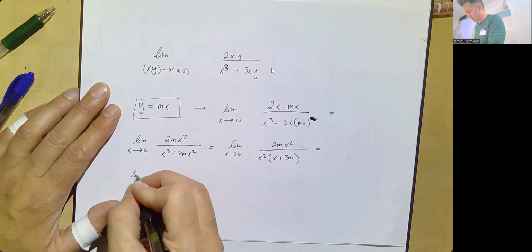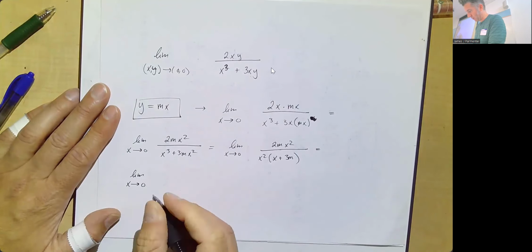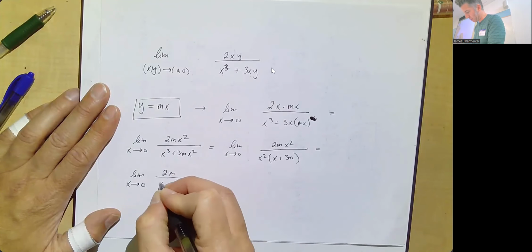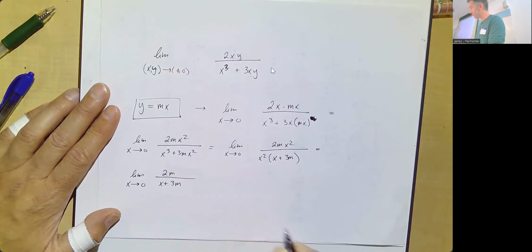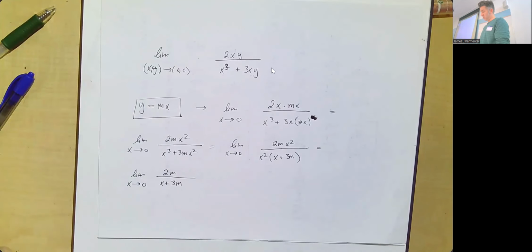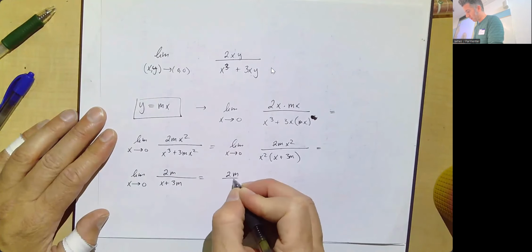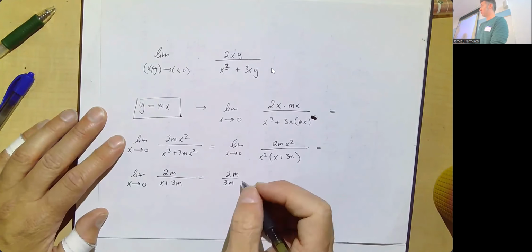So I get the limit as x goes to 0 of 2m over x plus 3m. Now what do I do? If I sub in 0 for x, I get 2m over 3m.